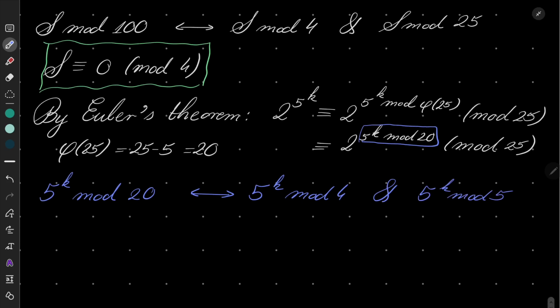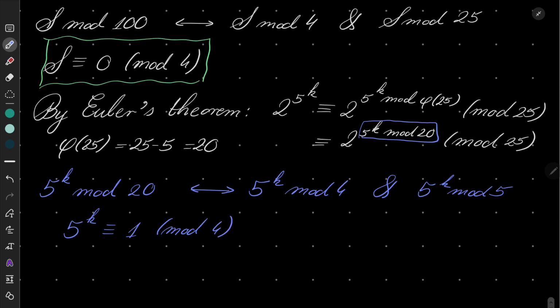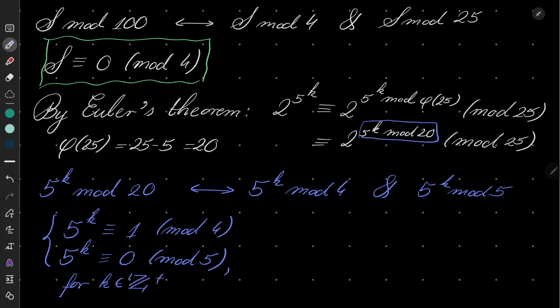Okay. First of all, what is 5 to the power of k modulo 4? Well, 5 is congruent to 1, so our number is congruent to 1 modulo 4, and obviously it's congruent to 0 modulo 5 for positive k, which is a positive integer.